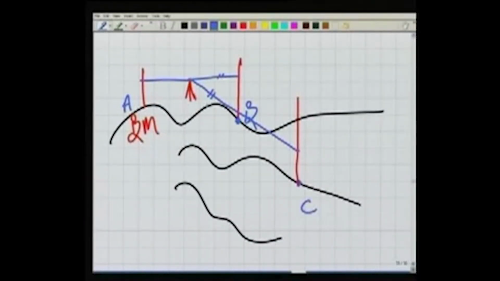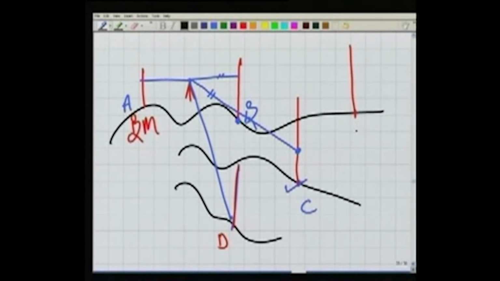Now, if I rotate my level in the horizontal plane, it will make a horizontal plane with the line of sight. Wherever I am looking, I am looking along the horizontal plane. Because of that, this is horizontal, this is also horizontal. So by doing that, I can determine the RL of this point also. Similarly, any other point, I can determine the RL here also, let us say this of D, and so on.